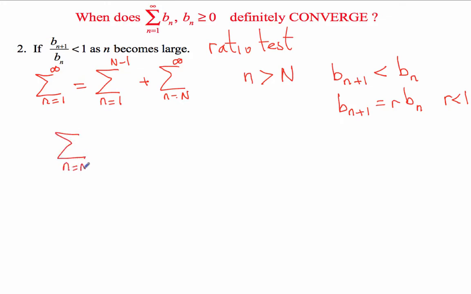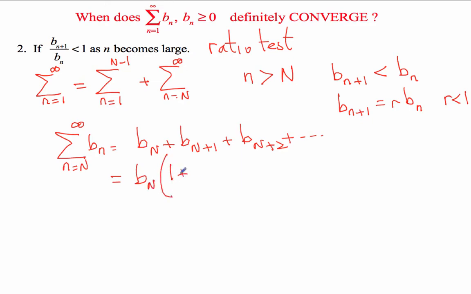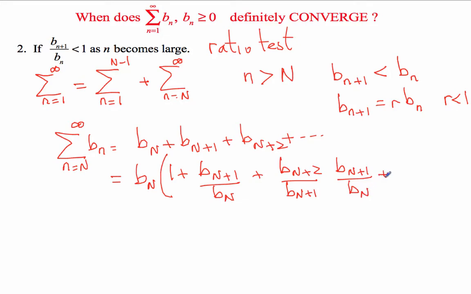The sum from n equals N up to infinity of Bn is BN plus BN plus 1 plus BN plus 2, etc. Let me take BN common. In the brackets, I will write BN plus 1 divided by BN, and then BN plus 2, which I'll divide by BN plus 1 and multiply by BN plus 1 over BN, and so forth.